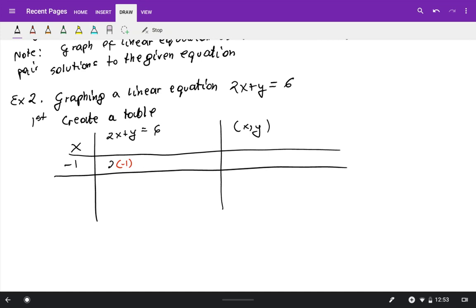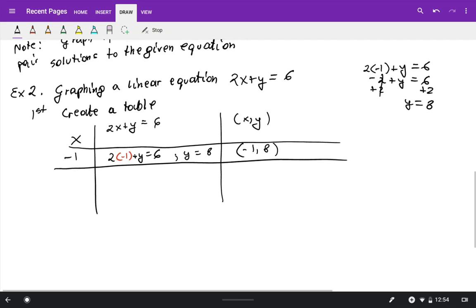So we have 2 times -1 plus y equals 6, and you want to solve that for y. That gives -2 plus y equals 6. Adding 2 to both sides, you get y equals 8. That means we have the first solution of that equation, -1 comma 8, which is also a point on the graph of the equation.